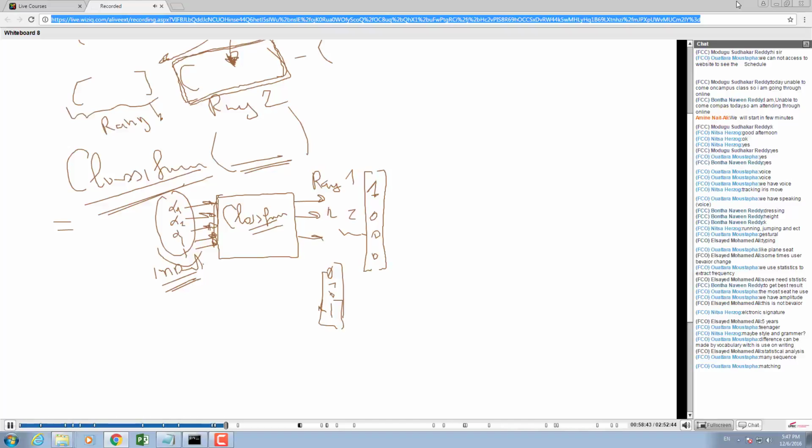If it's range 2, you will get the vector 0, 1, 0, 0, and so on. So the classification approaches are extremely important. This year you have to deal with classification. You have to take labs, you have to practice, and you have to use this tool for your project, for example, if it's required.